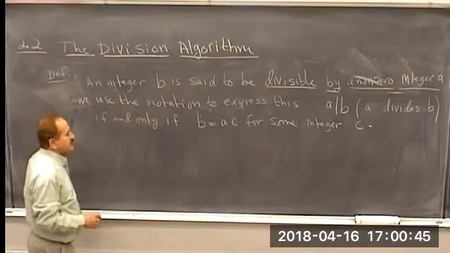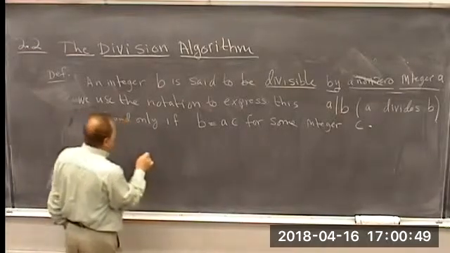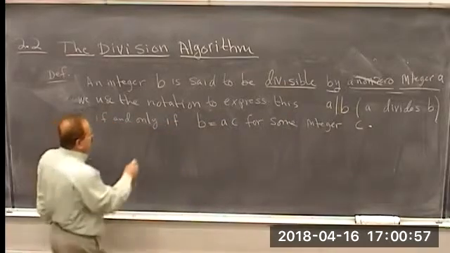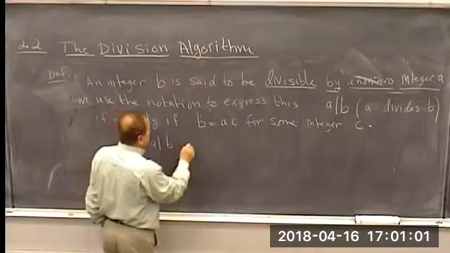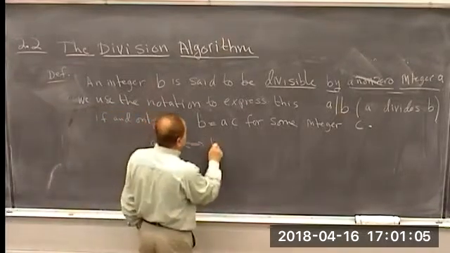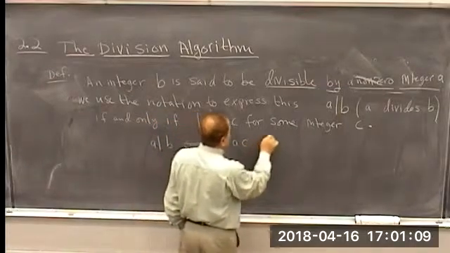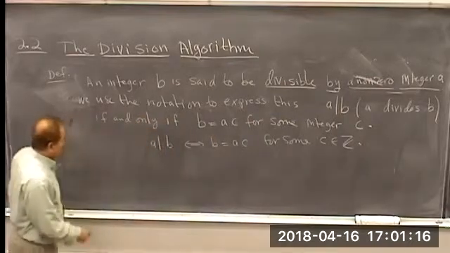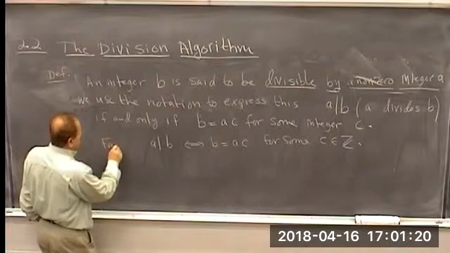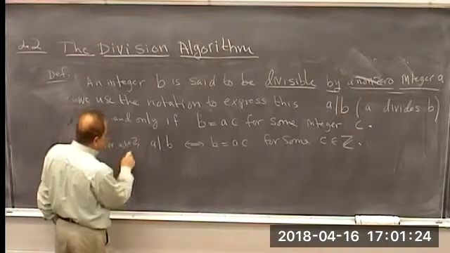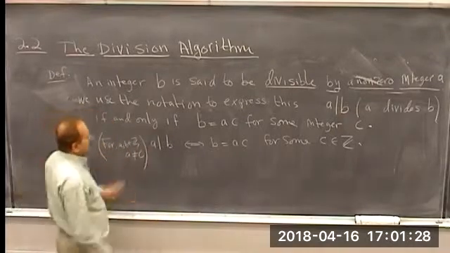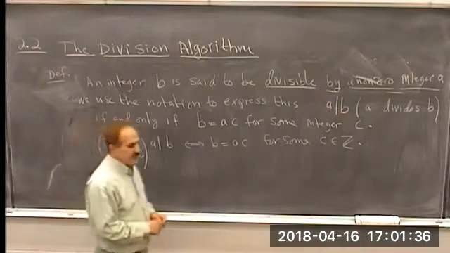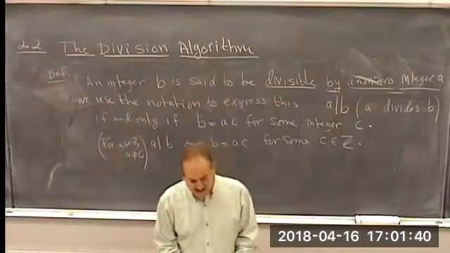So again, simply saying that we have this relation between two integers, which we say is divide, then A divides B if and only if B is equal to AC for some C in Z. So for A, B being integers, A not equal to 0, we have this relation defined in this fashion.